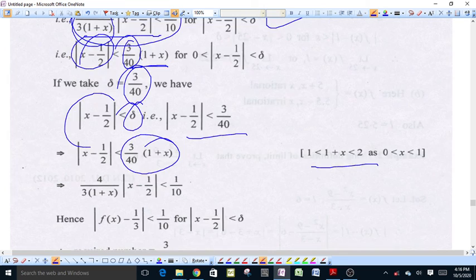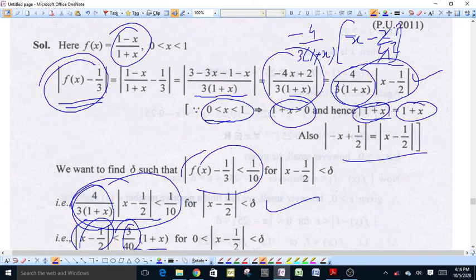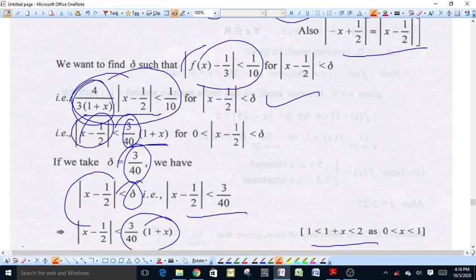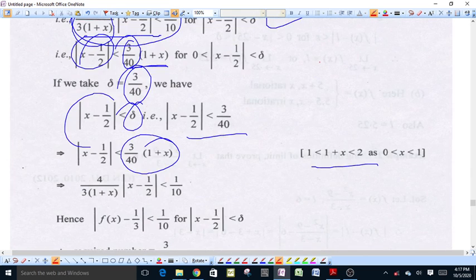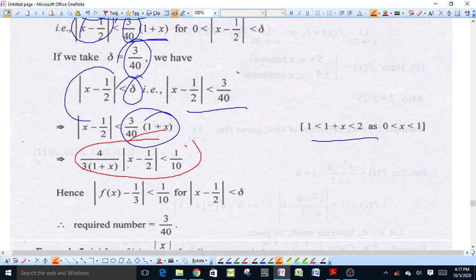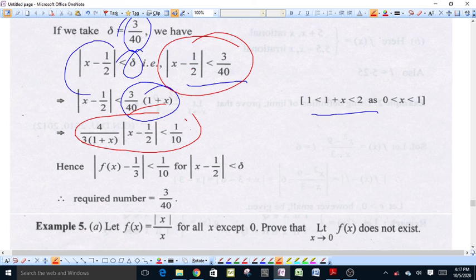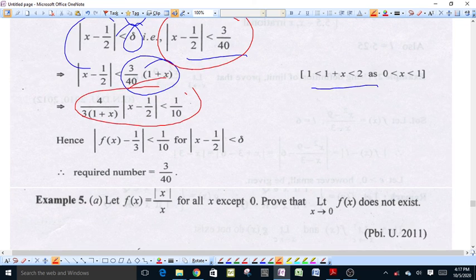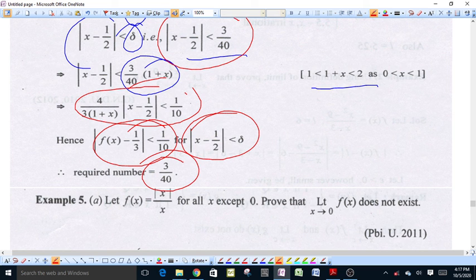Therefore, this |f(x) - 1/3|, which is equal to 3/4 into 1/(1 + x) into the modulus of x minus half, becomes less than 1/10 whenever |x - 1/2| is less than 3/40. That implies |f(x) - 1/3| is less than 1/10 whenever |x - 1/2| is less than delta, where delta is equal to 3/40.